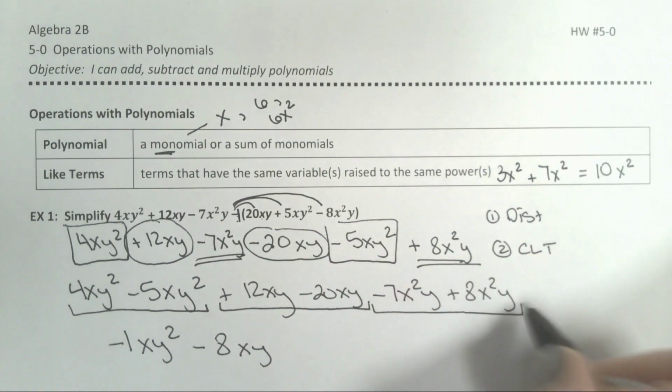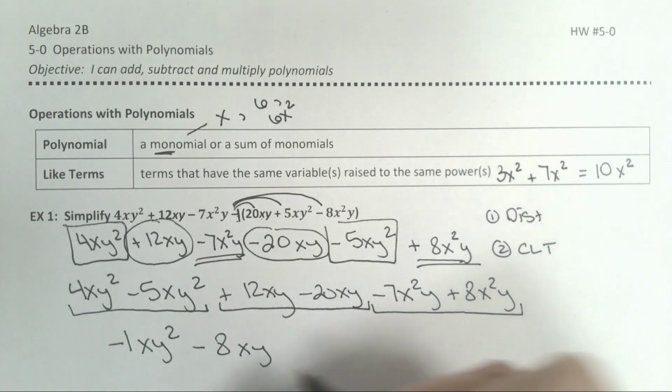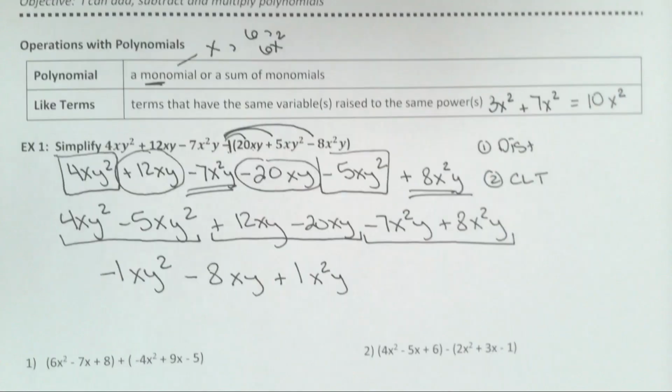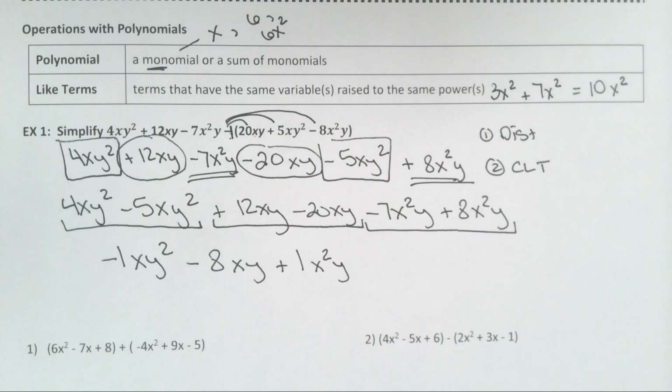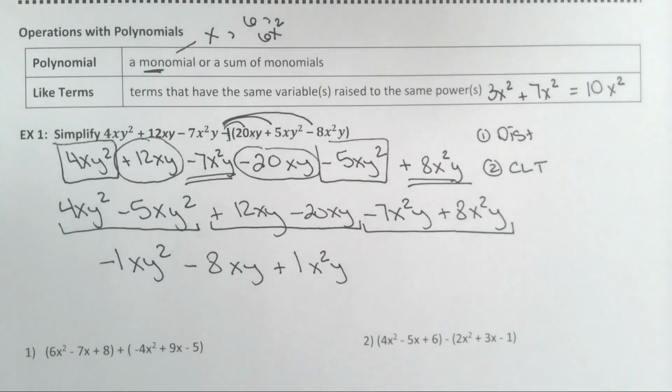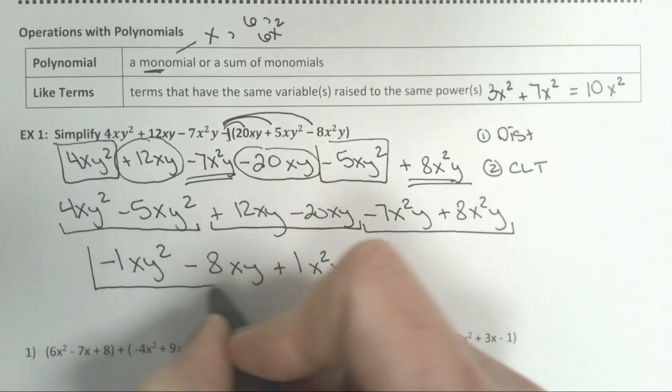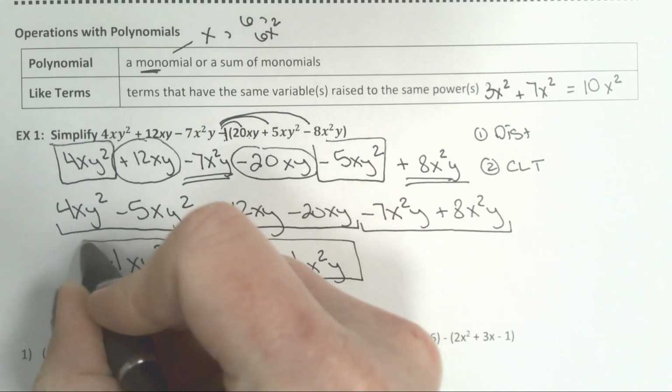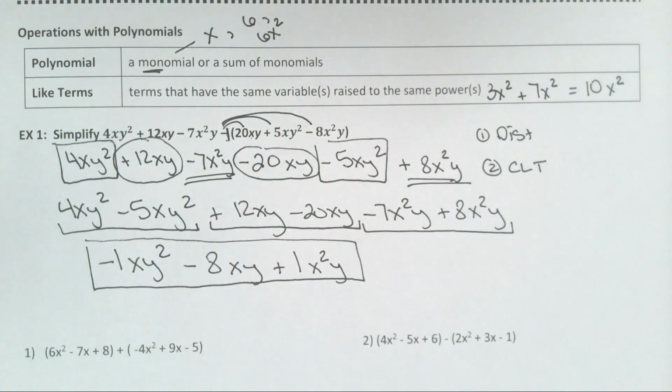Negative 7 plus 8 adds up to 1. So we're going to go plus 1 x squared y. I'm not going to get too worked up about which ones you put first and second when you have two variables. Technically, they should go in alphabetical order with biggest exponents first.